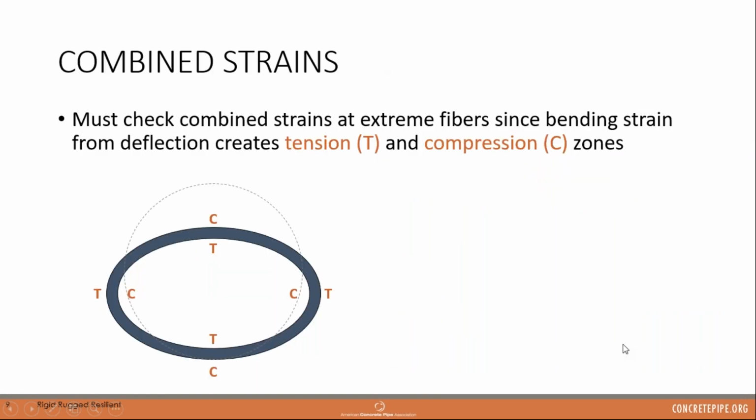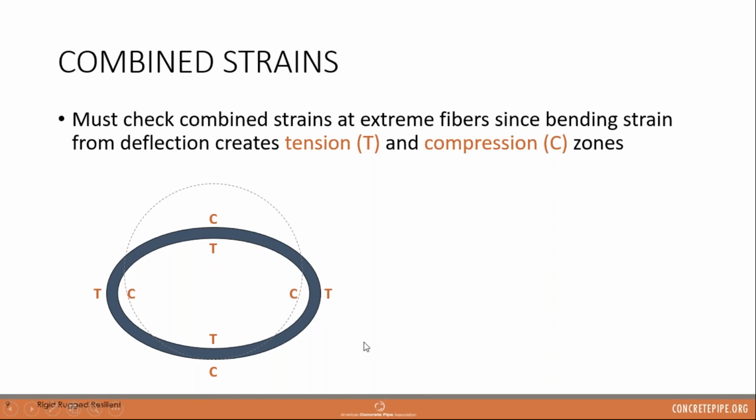So now that we've checked the compressive strain due to thrust and compared that against the material limits and the buckling limit, to this point we actually haven't even factored in the strains from deflection. When a plastic pipe deflects, as shown in this diagram, it's going to create tensile and compressive strains in the pipe wall, and a net tensile strain, which we haven't looked at yet, can cause what we see in plastic pipe, the cracking or tearing of the pipe wall.